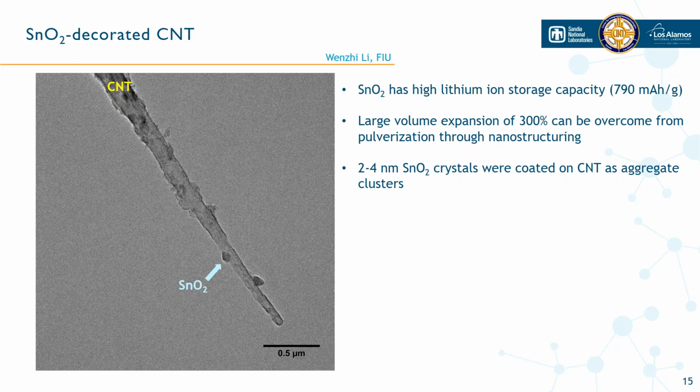By nanostructuring these crystals, the idea is to prevent that pulverization, the breakdown of the nanocrystals while you're cycling. These are very hard to observe in the TEM because they're such small nanoparticles and small aggregates, so we have to be at very high resolution to observe what's happening in the individual nanostructures. So if you go to the next slide.